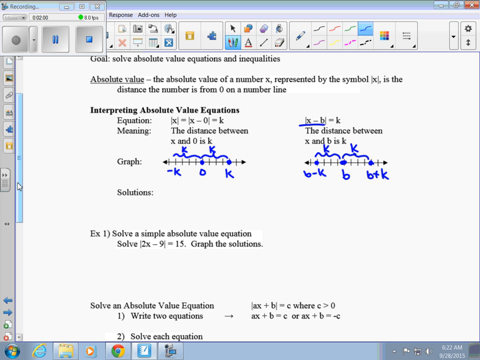When we write this, it's going to be x minus b equals negative k, because we went k units to the left, or x minus b equals k, because we went k units to the right.